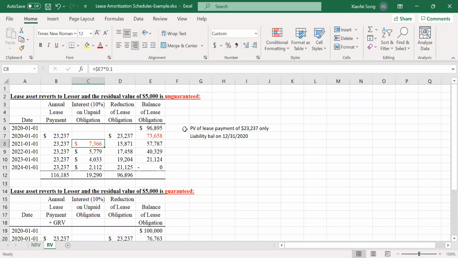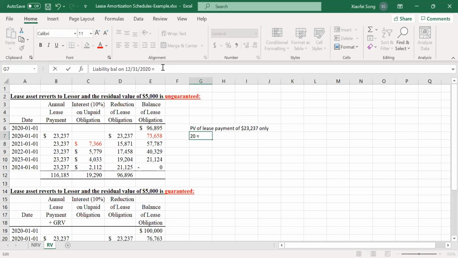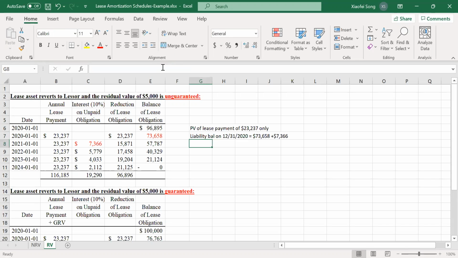It's not even on this table, because this liability should be 73,658 plus the interest accrued during the year. That's $80,366, right? So that's the balance.